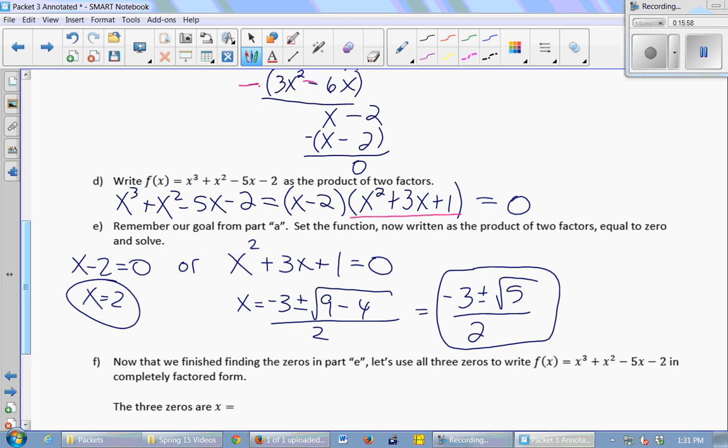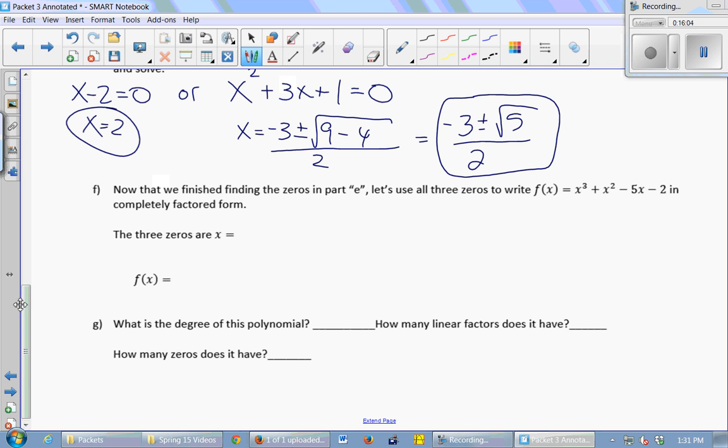I wanted to find the 3 zeros of my cubic polynomial. So I can list my 3 zeros: 2, negative 3 plus root 5 over 2, and negative 3 minus root 5 over 2. And if you know zeros, you automatically know factors. If 2 is a zero, then x minus 2 is a factor.